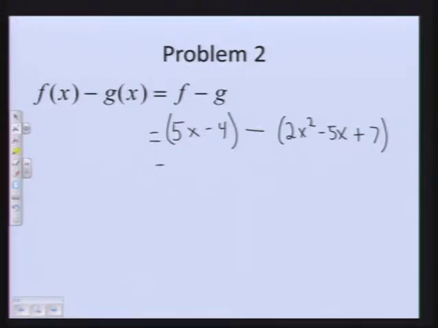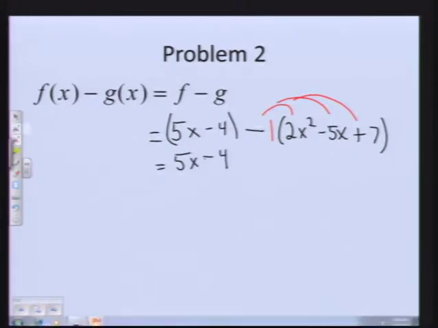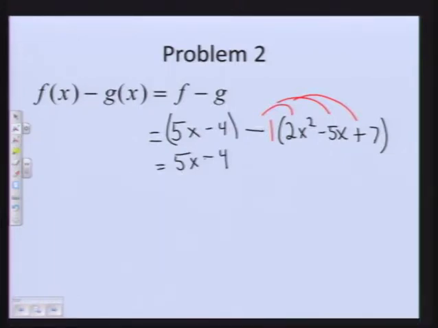Now, there's nothing that changes in the 5x minus 4, so we simply leave it as 5x minus 4. Okay? Now, on the second, what we have is an understood -1 in front of this expression. So we need to distribute properly that -1. Make sure you distribute it completely through.